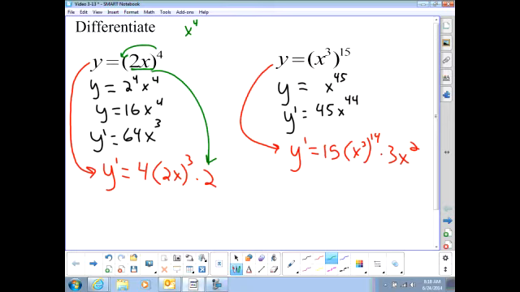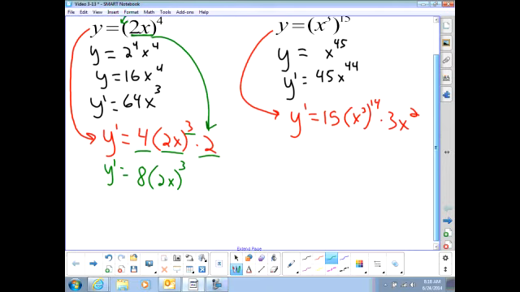So again, the 4 came out front. The inside stays the same, and our exponent went down 1. And then we multiplied by the derivative of the inside. Now, just like all of our derivatives, you could leave it just like this if you want, or if you wanted to neaten it up, you could write it as 8 times (2x) cubed.